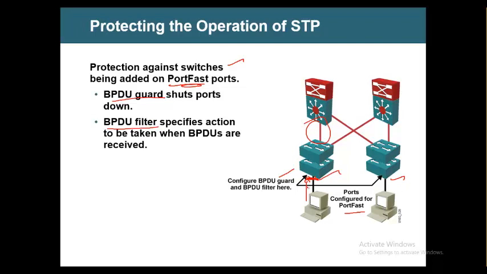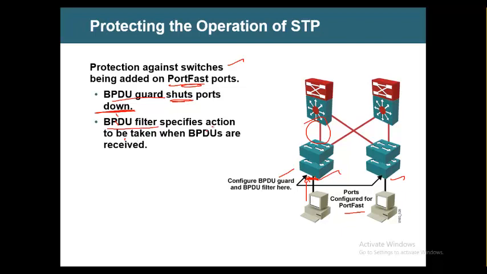BPDU filter is similar to BPDU guard, but the difference is BPDU filter will simply ignore the BPDUs coming in, whereas BPDU guard will shut down the port if a BPDU enters. BPDU filter will simply ignore by default.